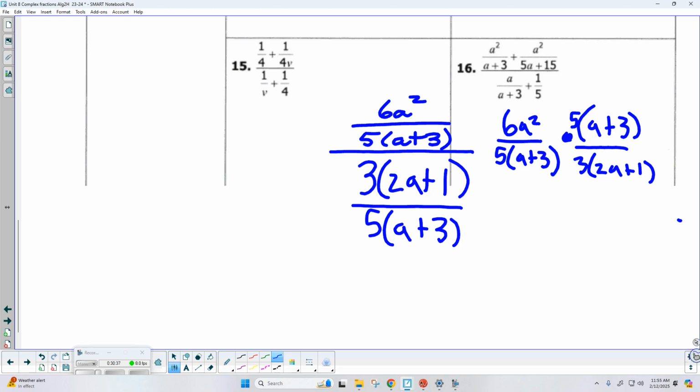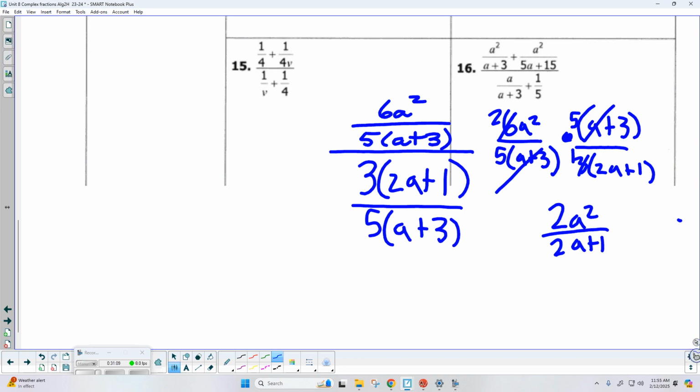Yeah, that's right. So it's 2. That's a 1. What else? Yep. So that leaves 2a squared over 2a plus 1, right? Yep. That is it. That's the right answer.